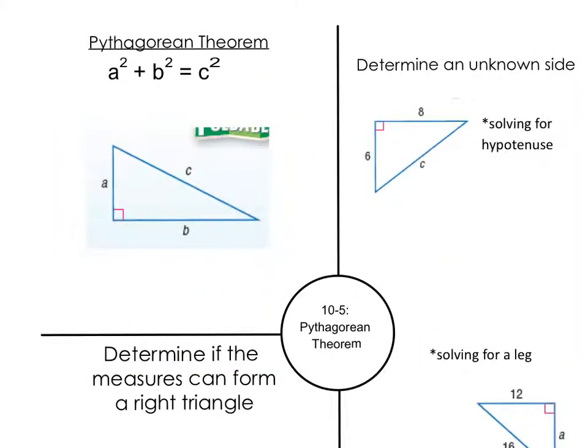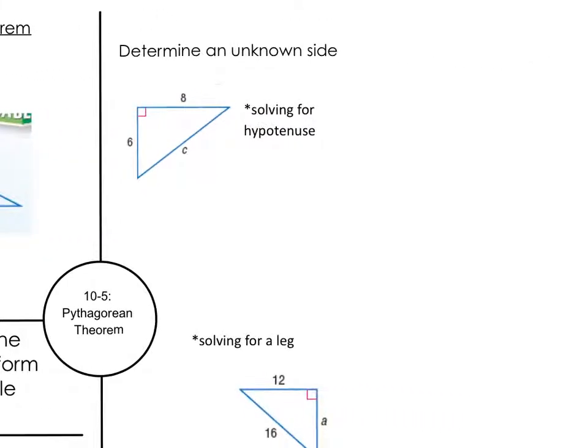So once again, I have a picture right here that is set up with the Pythagorean theorem. So again, the two shorter sides are the legs called A and B. Diagonal is known as C. And let's look over here at an example.